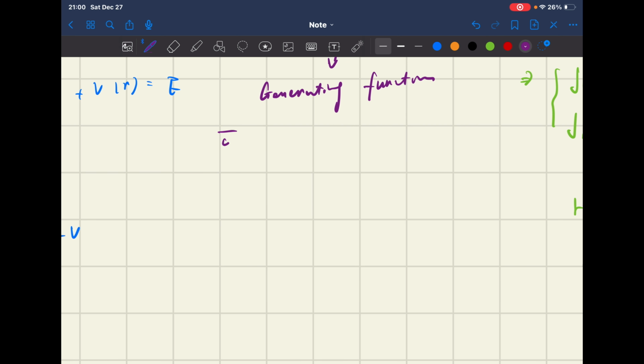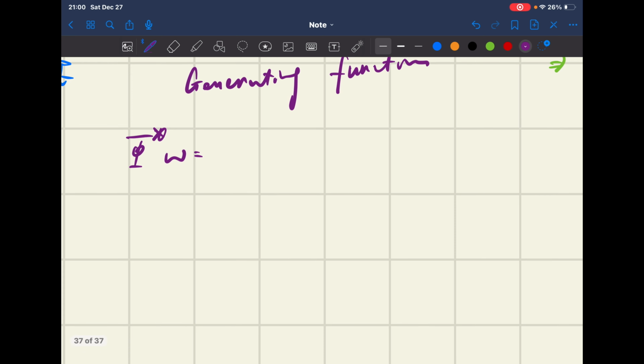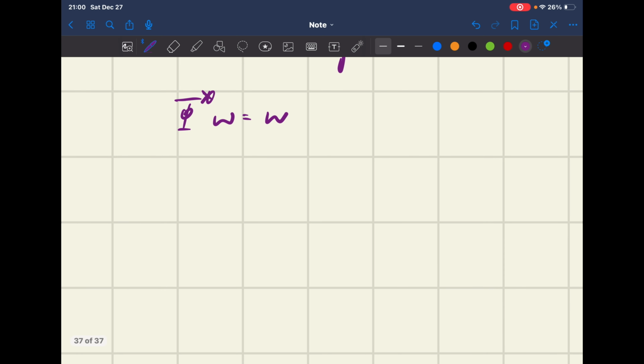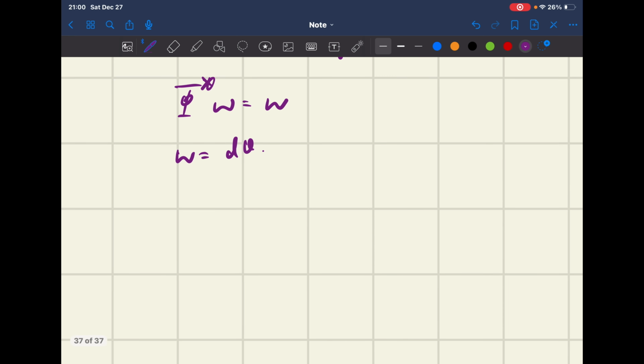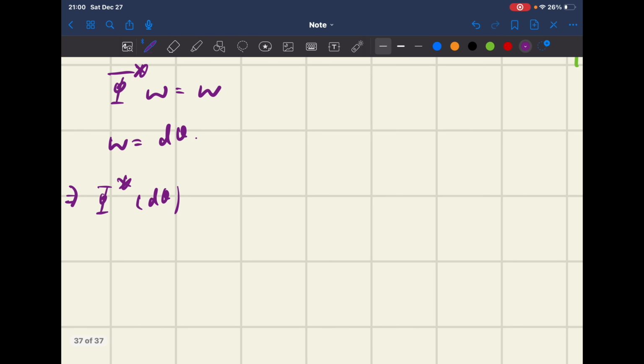So remember the requirement for the canonical transformation: the pullback of phi on omega must be equal to itself. So let's write omega. Since omega is the exterior derivative of theta, we can write it as this.